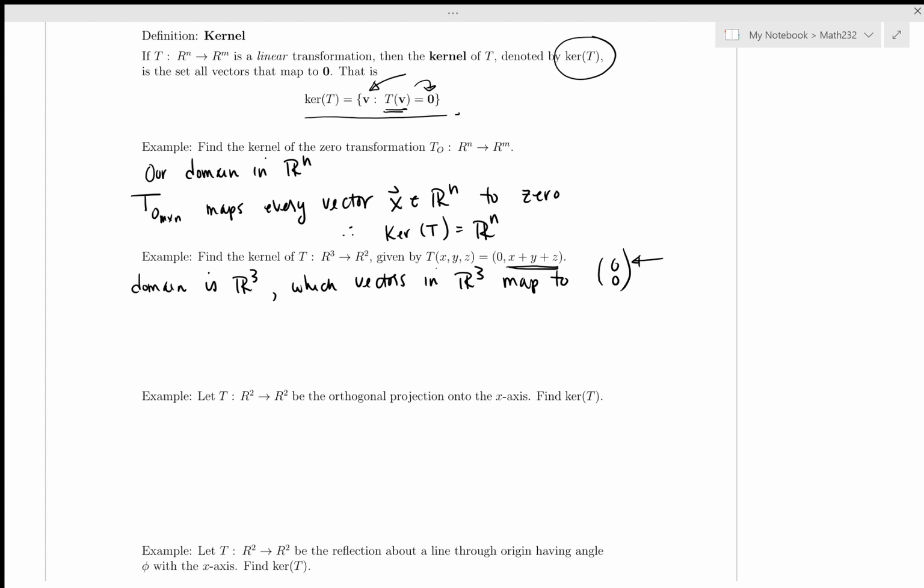Okay, because if x is equal to minus (y plus z), then we can pick any value for y and any value for z, and then we force x to be minus y minus z.